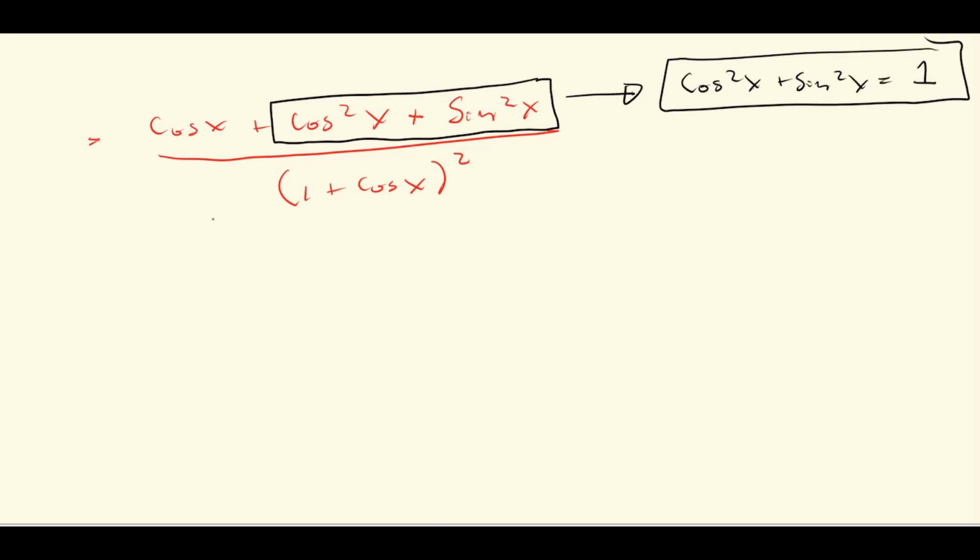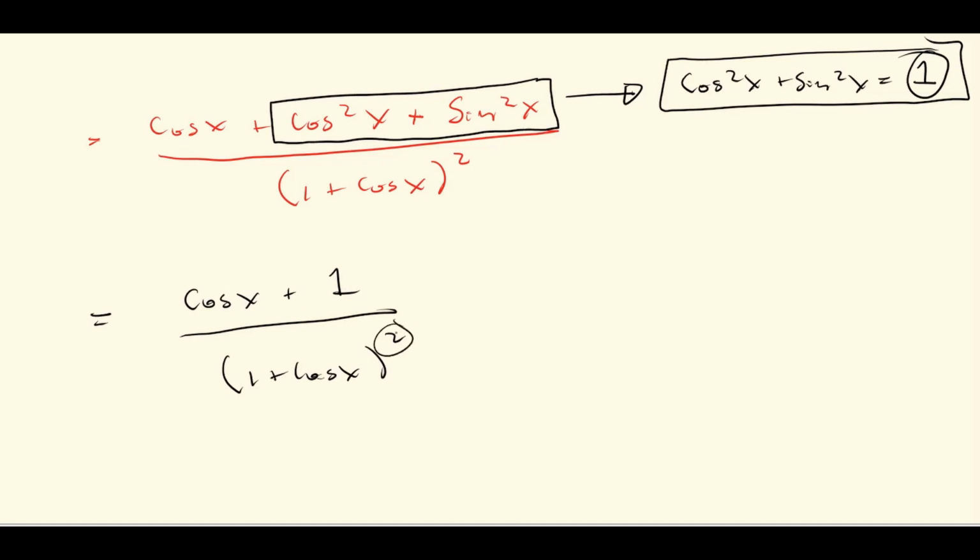So using this identity, we're going to go ahead and rewrite this whole expression. We're going to say that cosine x plus 1 over 1 plus cosine x squared. And we see that we can actually cancel out a term from the top and the bottom, because cosine plus 1 is the same thing as 1 plus cosine, and we have a product of 2 of them in the denominator.